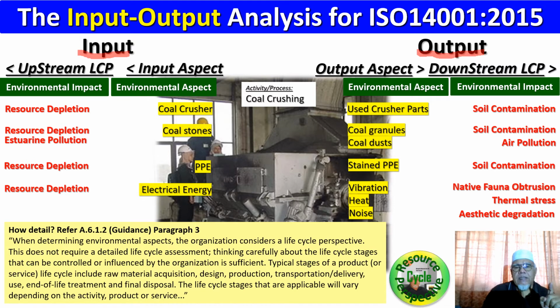Environmental aspects are anything: substance, matter, equipment, product, intermediate product, even waste, even machines, even equipment, anything that interacts or can interact with the environment. And ISO 14001 did mention that we have got to look at it from a life cycle perspective. This is what I'm going to show you now. Look carefully.